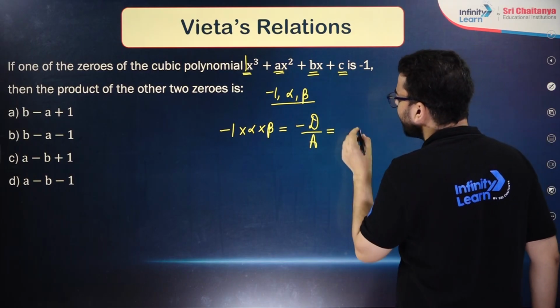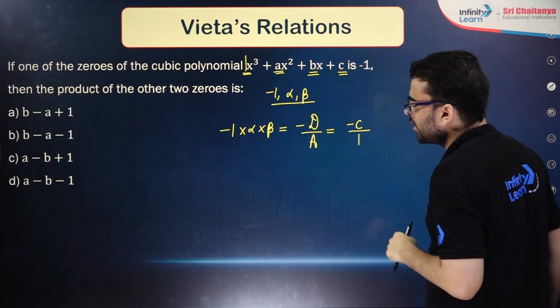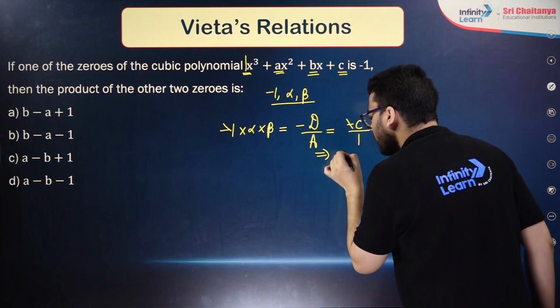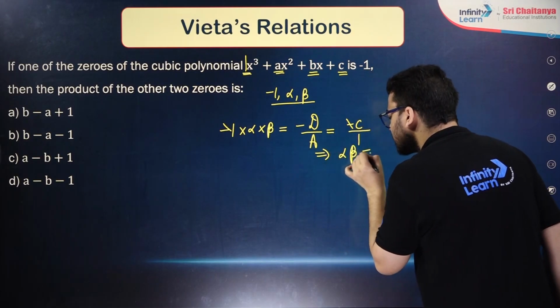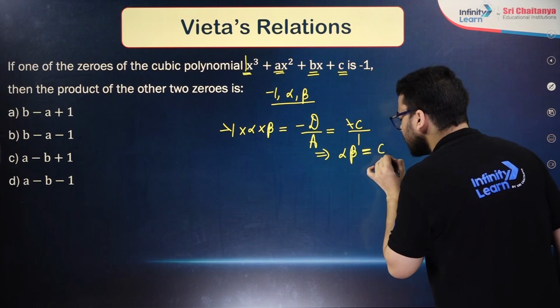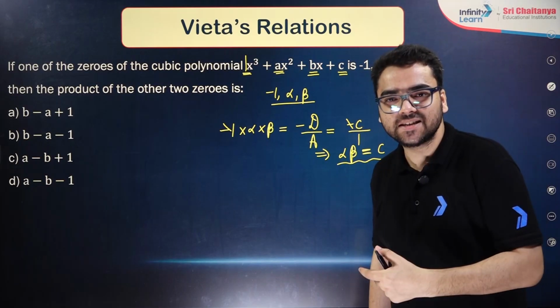So minus d by a will be minus c upon 1 as per this polynomial. So you see this is going to be cancelled out. It means the product of the other two zeros for this polynomial is equal to c. So that is the answer. C is the answer.